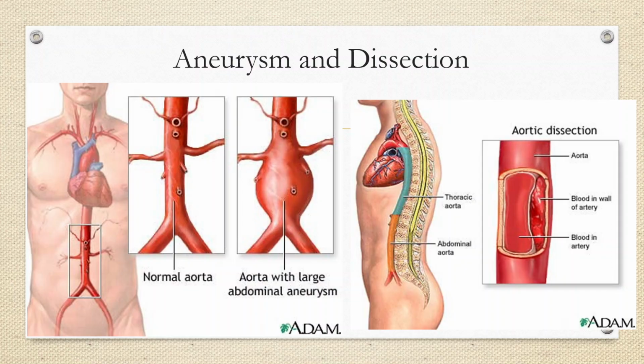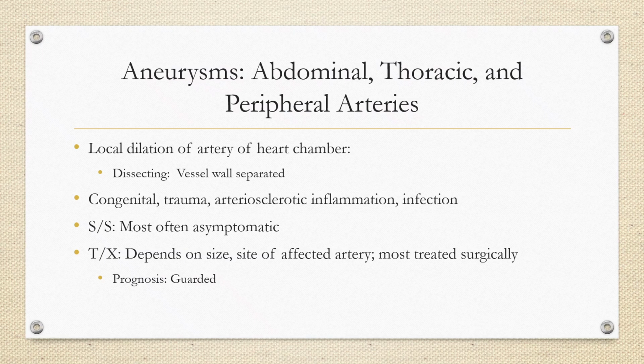The dissection causes a separation between the outer wall and the inner membrane, where we get a buildup of blood in that little pocket, which balloons on the outside. But whenever they're doing a catheterization to look in these arteries, they actually don't necessarily see the difference in the area compared to normal areas.